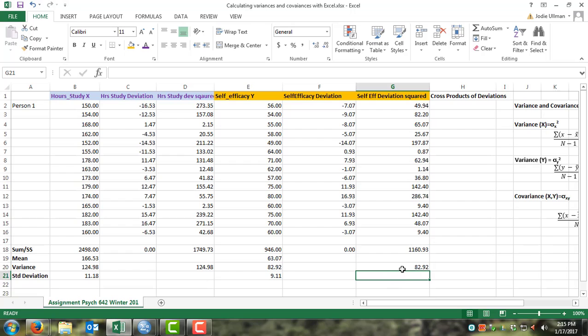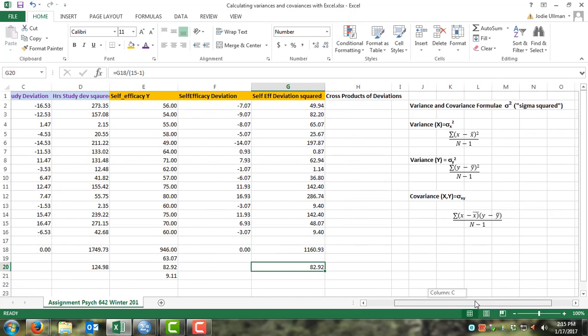And we've got 82.92, which matches, which is fantastic. So we've calculated the sum of squares for X. We've got the sum of squares for Y. We've got the variances, the variance of X. We have the variance of Y. And now this cross product.